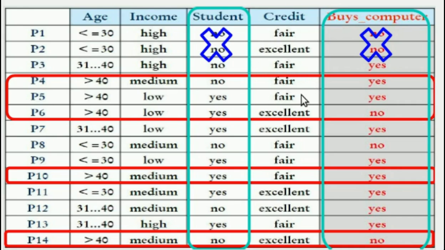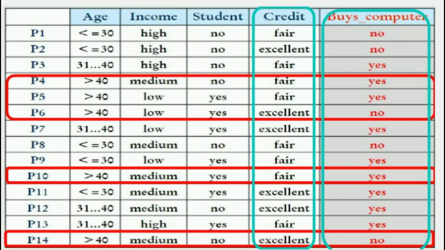Now consider another age group, less than 40, that is the next internal decision node. Instead of testing on student, we will carry out the test on credit, that is fair or excellent. So here we consider the age group less than 40 and test node as credit and buy computer.